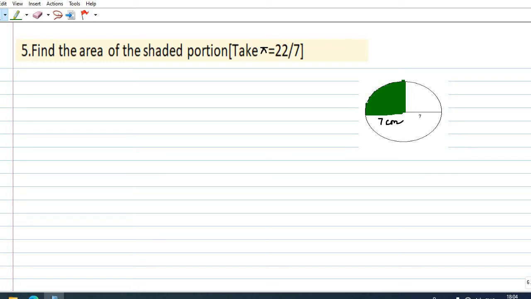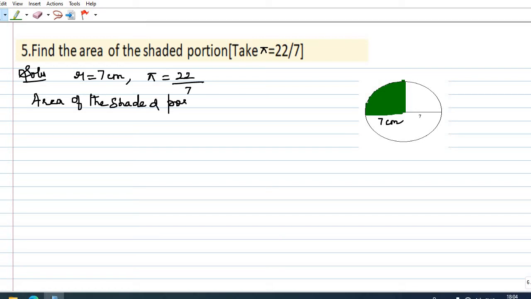Listen. Solution. See in the question, what is the radius they are given? 7 centimeter, and we have to take pi to be 22 by 7. Now listen, area of the shaded portion is equal to, write the area of a circle formula, pi r square.